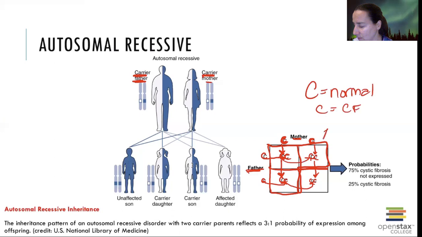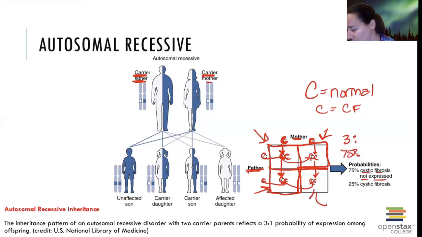These three are all going to show up and express as normal. These are going to be normal, or cystic fibrosis is not expressed. So 3 of them, or 75%, are normal.